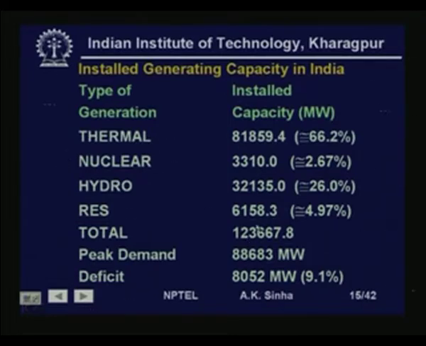So installed capacity was of that order, out of which 81,000 or nearly 82,000 was built up of thermal power plants, around 3,310 nuclear power plants, and around 32,135 in the hydro plants. Renewable energy sources provide about 6,158. That is, renewable energy sources are providing more capacity than the nuclear power plants.